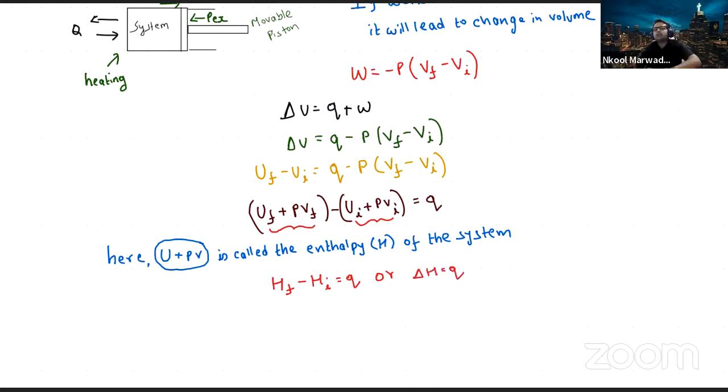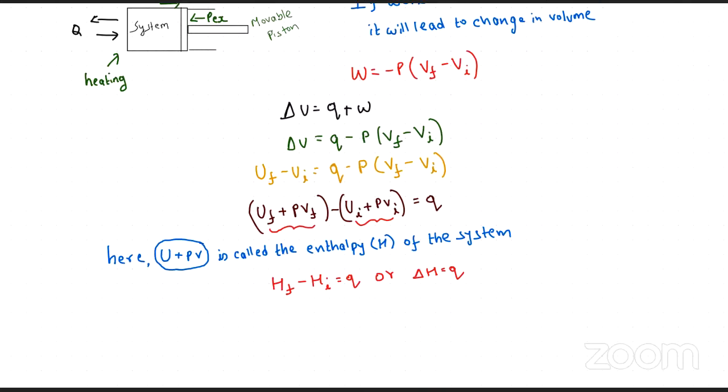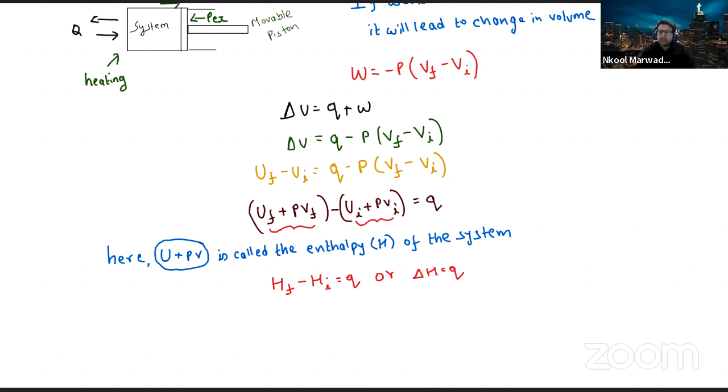Meaning to say, what is Q? Q is either the energy supplied to the system or energy lost by the system. So whenever there is a transfer of energy taking place inside the system, there is a change in enthalpy. The change in enthalpy is a parameter which gives us an idea whether any transfer of energy is taking place or not, like transfer of heat energy.